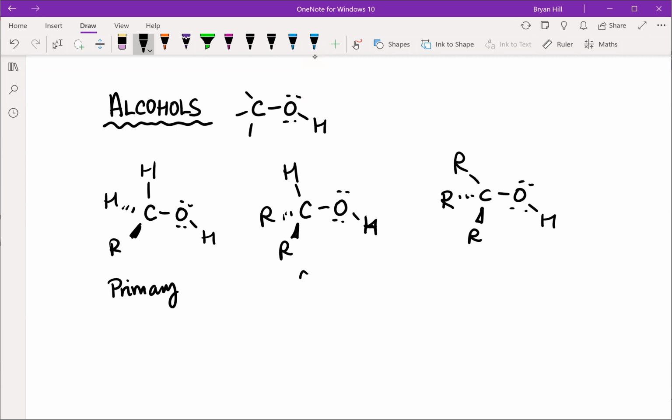Primary, secondary, or tertiary. So that's just one general classification of alcohols.